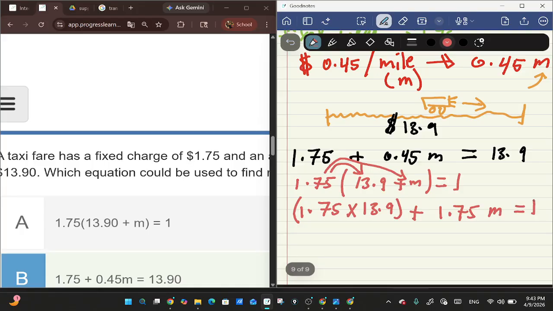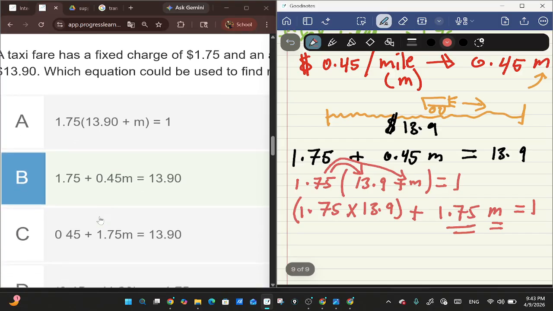And it's very clear in this example that here the taxi is charging $1.75 each mile, and this is absolutely not right because the question is saying 0.45 for each mile. So that's good evidence that A is not right.